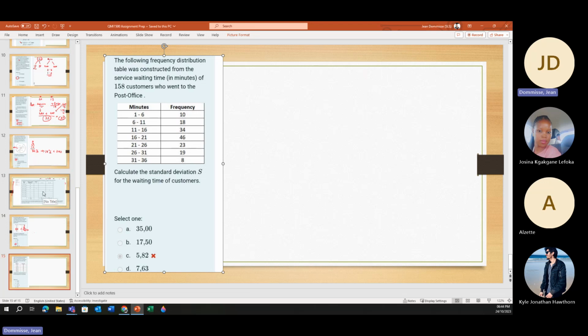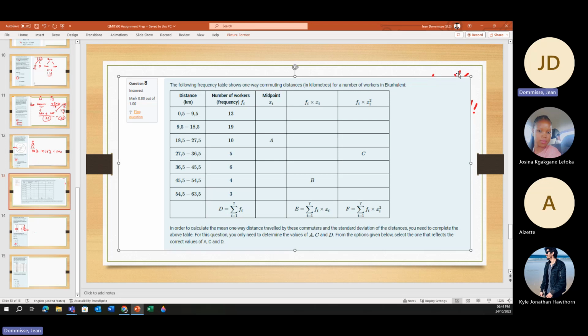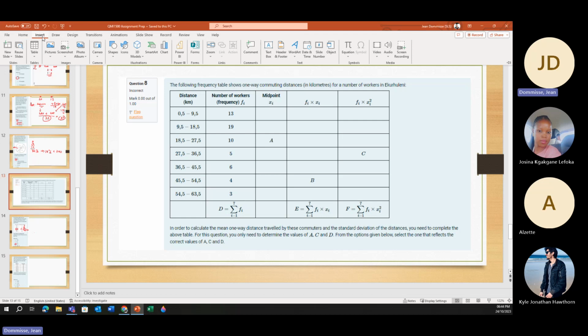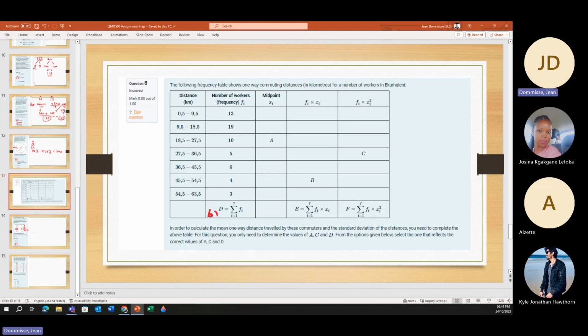So let's go back to this one so that we can see how they work out all of this stuff, because again, I don't think we have ever seen something like this in any of the books. So okay, we did D, so D was 60. That was the sum of that.